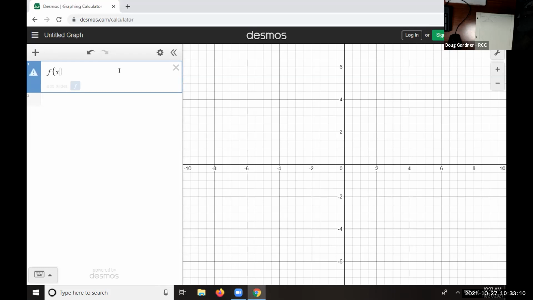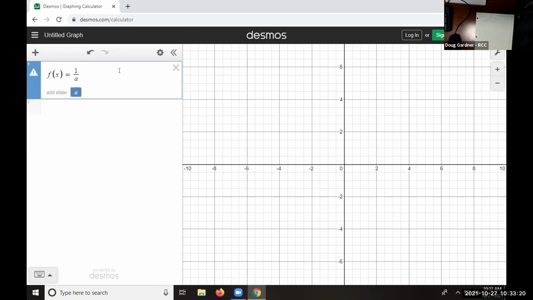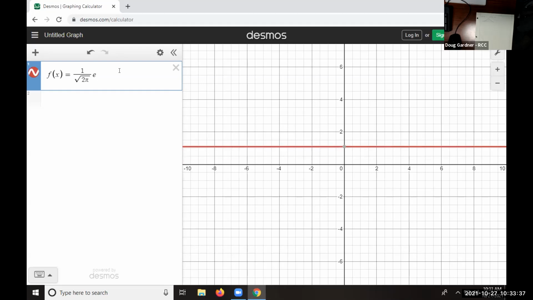It turns out that here's the equation for a normal distribution. Mathematicians figured this out. If you take 1 divided by the square root of 2 times pi. Pi is a number that shows up with circles. What the heck is it doing here? And in an advanced math class, you multiply this by a number called e.